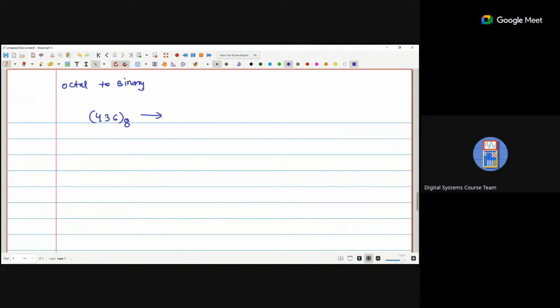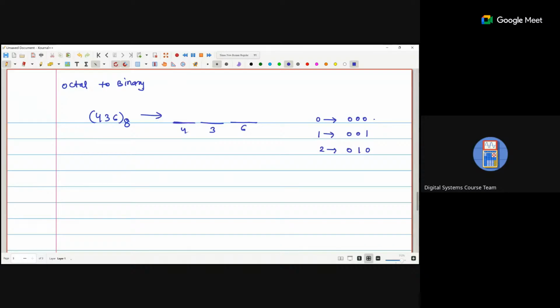We should represent every digit: 4, 3, and 6. First of all, we have to understand that I can represent 0 as 0, 0, 0. 1 as 0, 0, 1. 2 as 0, 1, 0.